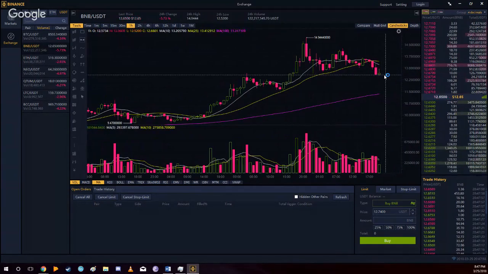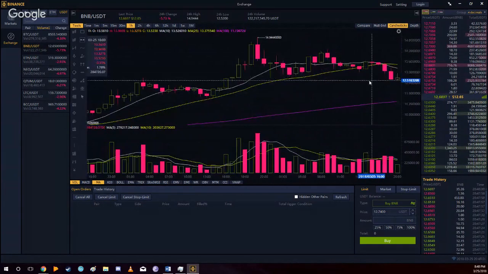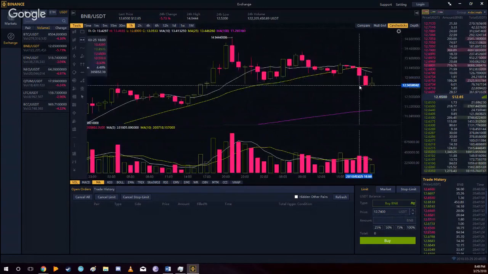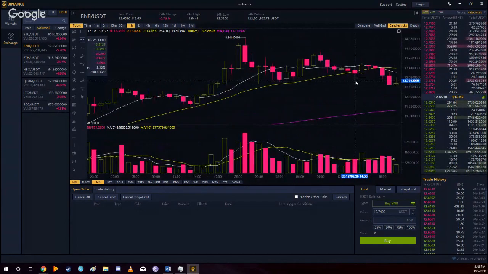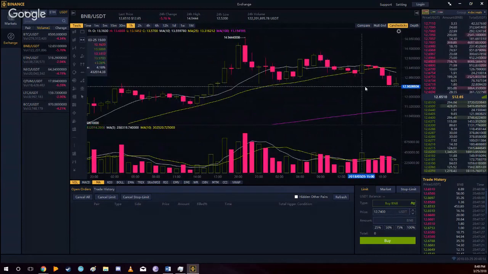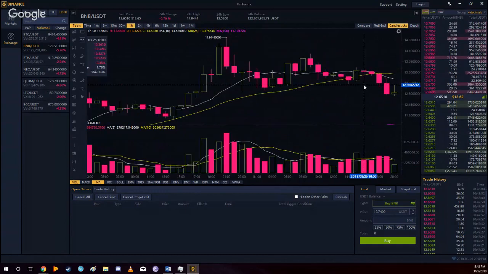But why did it go down here, you may ask? Why did it go to 1260, 1250-ish? There's no MA there, you might say. There's no moving average there that meets it.